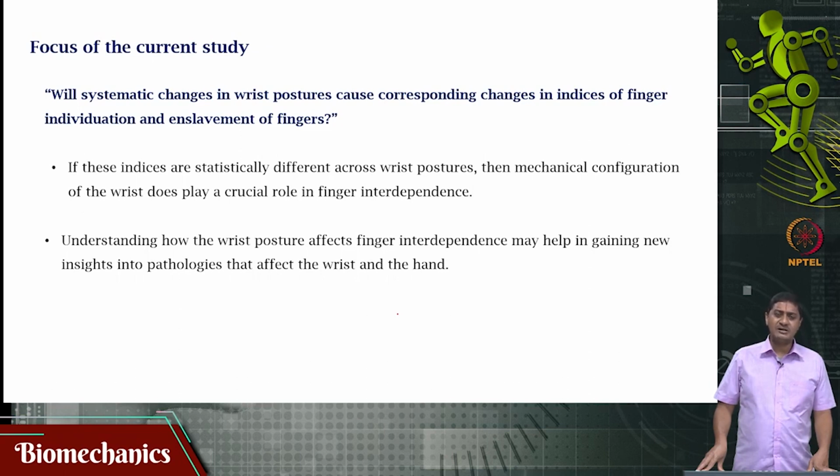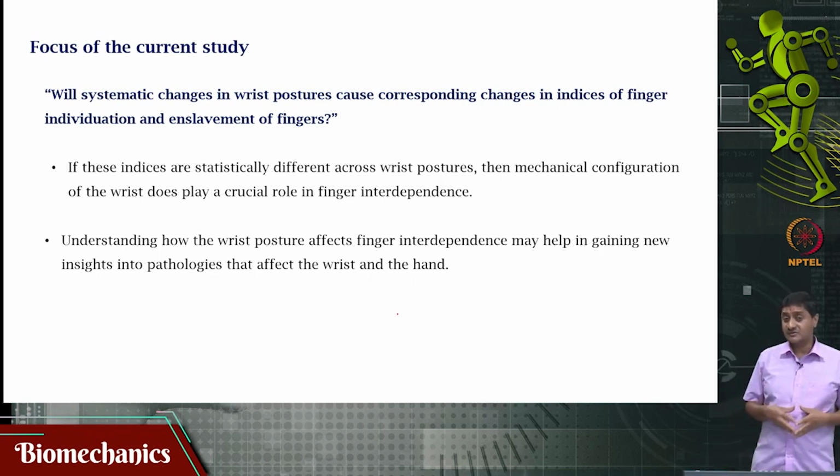That might be dependent on how the fingers respond to different postures of the wrist. So it is crucial, or it is critical for us to have some idea of how the wrist posture affects the indices of finger interaction.